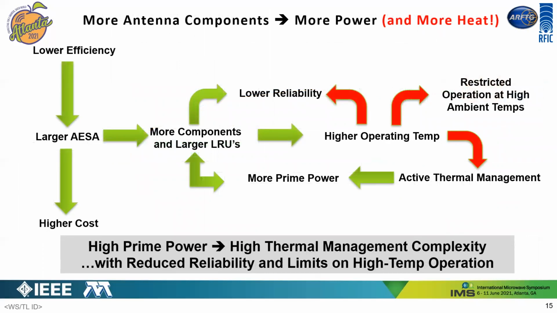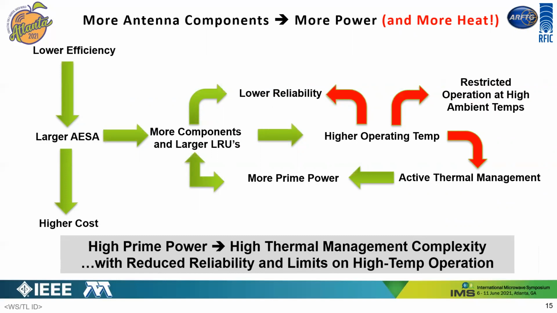Okay, overall antenna efficiency drives overall power and cooling demands, and care must be taken not to create a vicious cycle in terms of size, power, and overall resource demand. Lower efficiencies, of course, lead to larger sized antennas to meet a given requirement. We have to make them bigger, which of course generally leads to higher costs. However, larger sizes also necessarily imply more components and/or larger prime power dissipation.